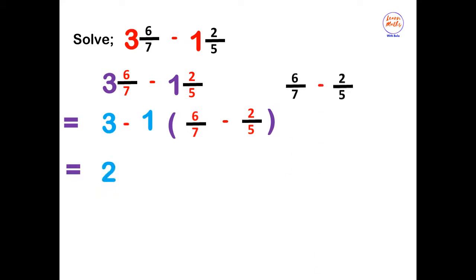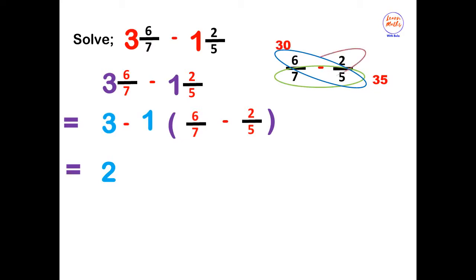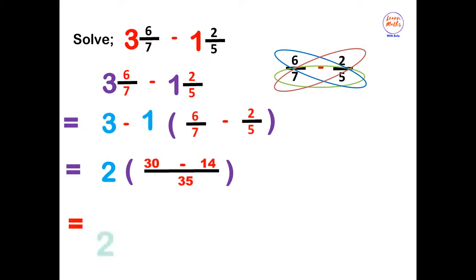So we have 2, and using the butterfly method, 7 times 5 is 35, 6 times 5 is 30, 2 times 7 is 14. 30 minus 14 over 35. So we have 2 whole number 16 over 35.